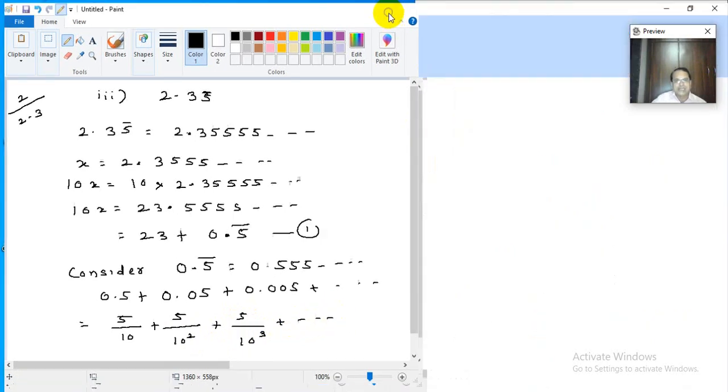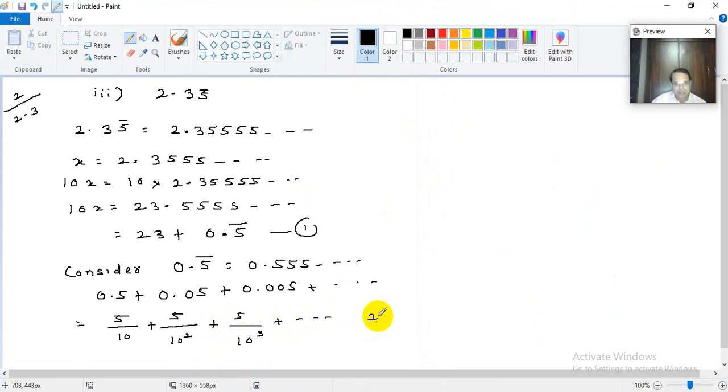So what I can say, ही जी टर्म आहे सेकंड, हे आपण 2 म्हणूया याला. So this is sum of infinitely many terms of a geometric progression.